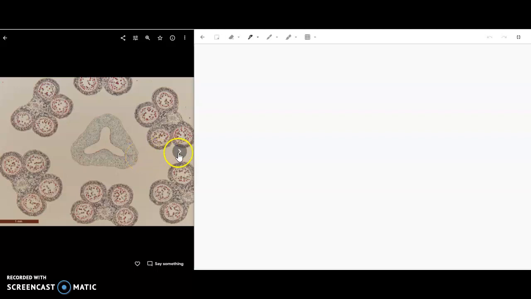Here we're doing a cross-section through an anther, and you can see them circling around the style or stigma there in the center. At this stage they look like little butterflies to me.